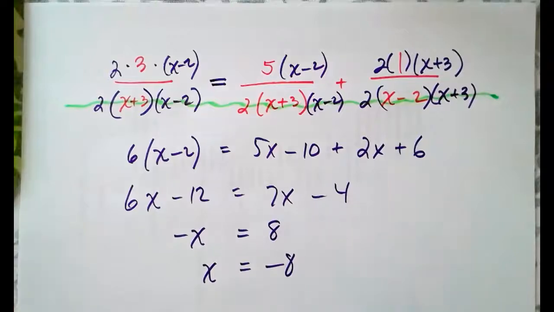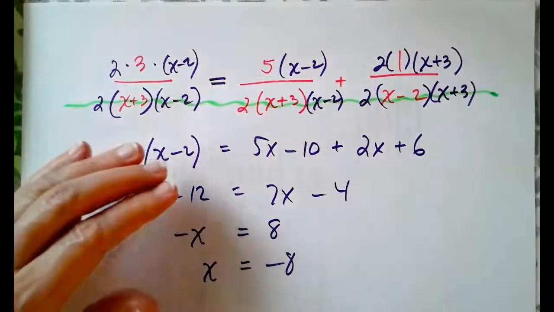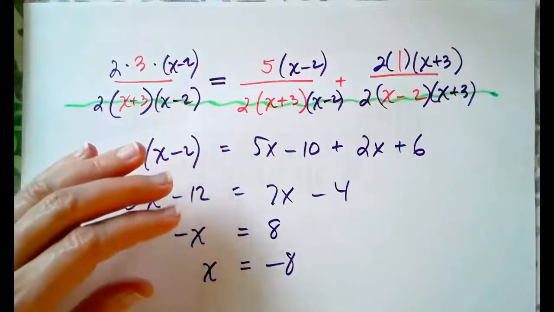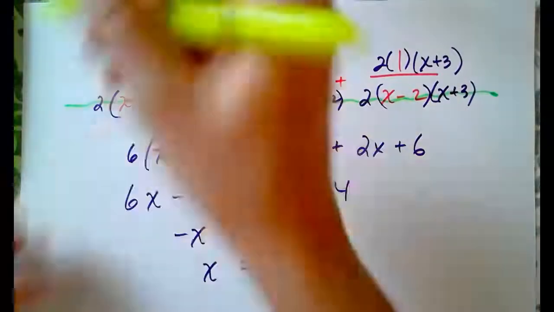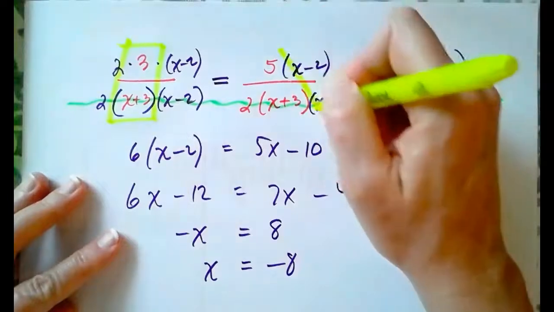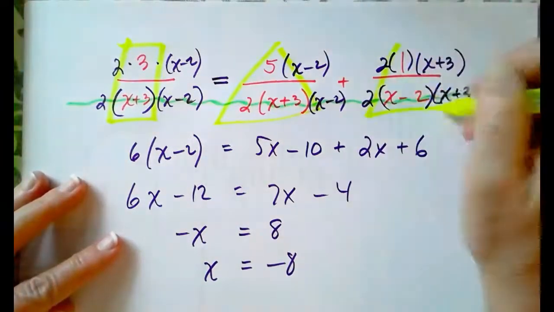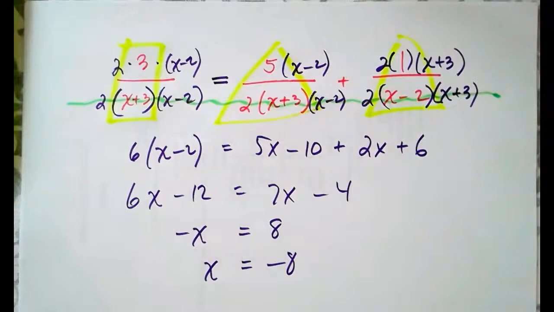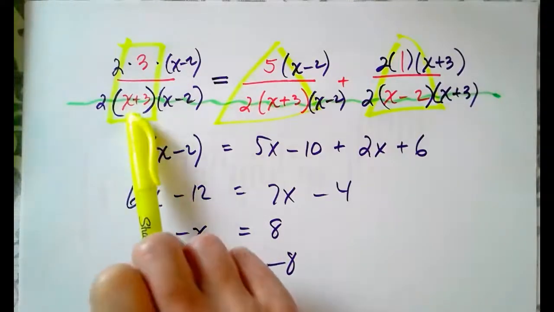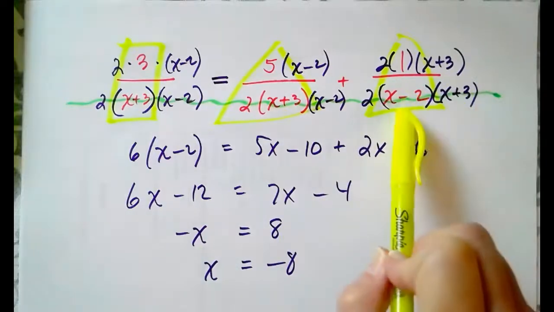Now, before we move on and end this, let's take a look at the original given equation, which was 3 over x plus 3, 5 over 2 times x plus 3, and 1 over x minus 2. Restricted values are going to be negative 3 or positive 2.